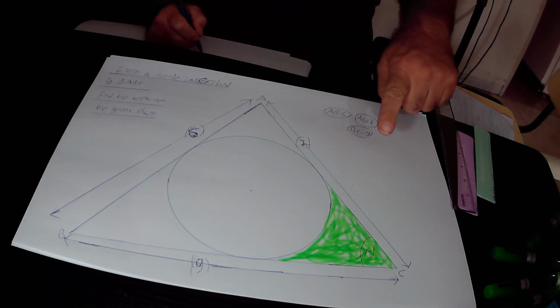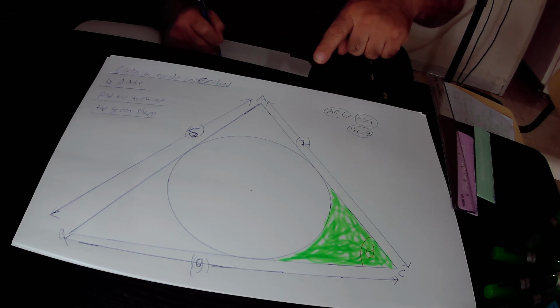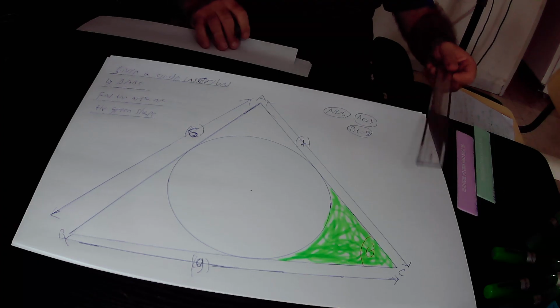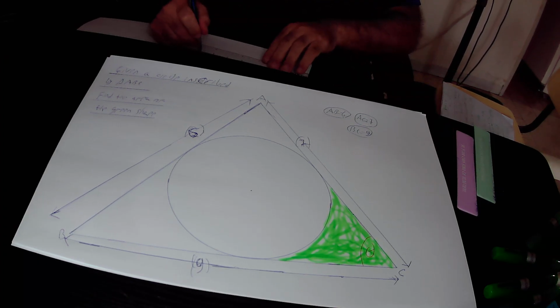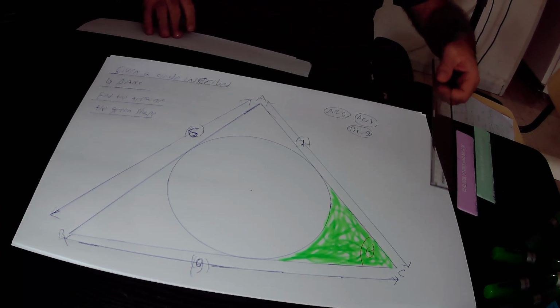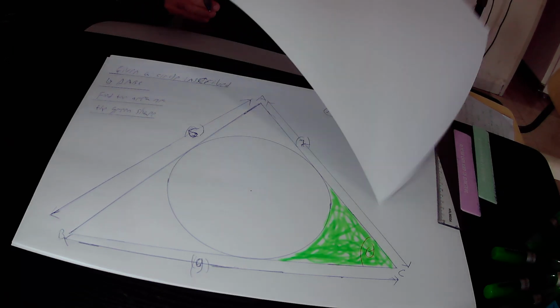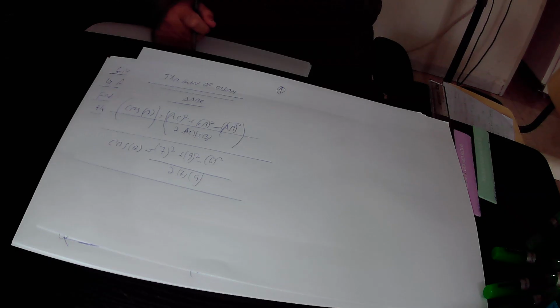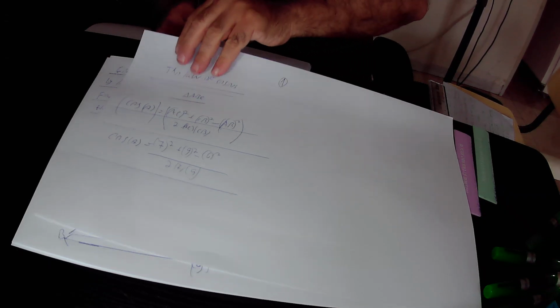Over 2 times AC, that is 7, times CB, that is 9. So in total, cosine theta equals 7 square plus 9 square minus 6 square over 2 times 7 times 9.